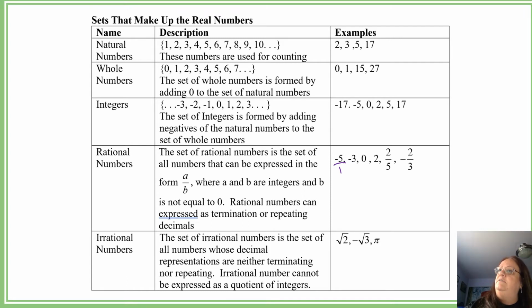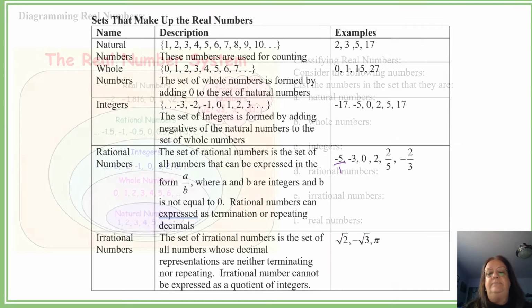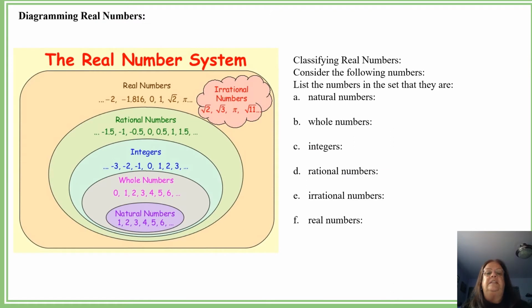Square root of 16 is 4. But the square root of 2, the square root of 15 do not have actual whole numbers, therefore they are actually irrational. And certain numbers like pi and other things you haven't learned yet, but that's how it goes.